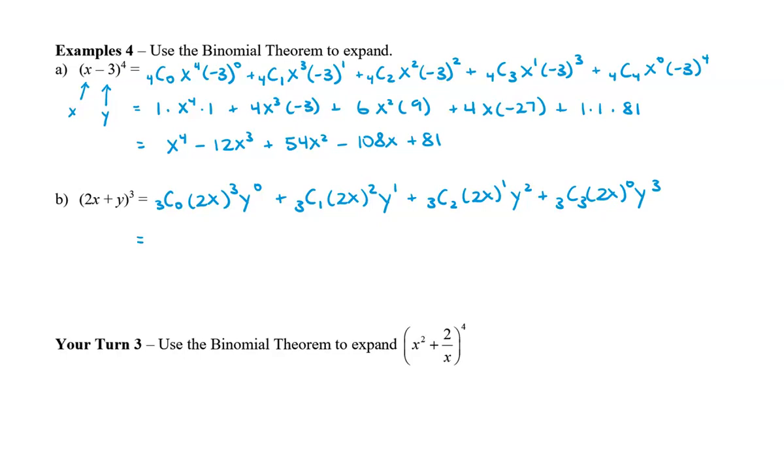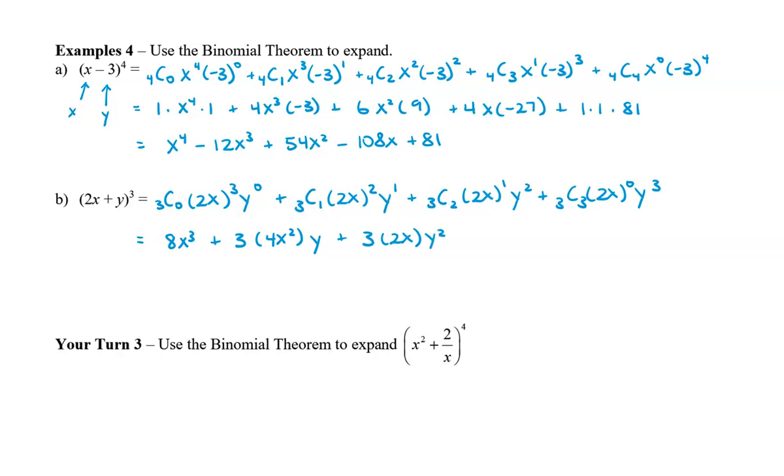All right, so simplifying this, we get 8x cubed. Don't forget it's going to be 2 cubed, and also x cubed, plus 3, and then this will be 4x squared times y, plus 3 again, because that's Pascal's triangle, right? 1, 3, 3, 1.